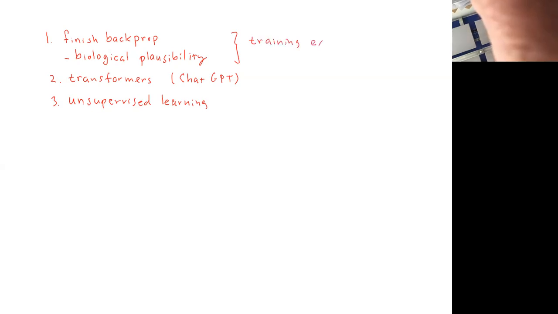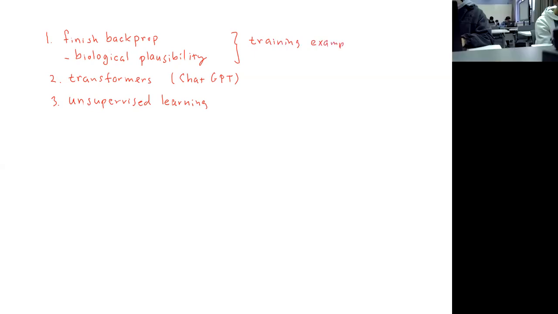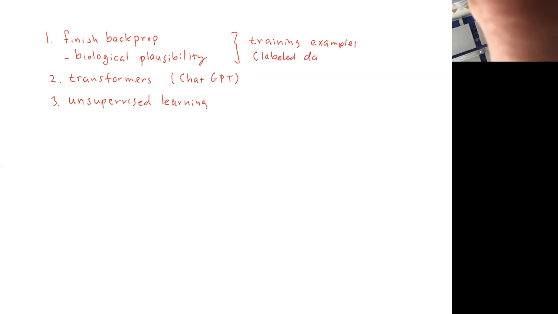For backprop, you need training examples. So you need labeled data, which is not really the way the brain works.